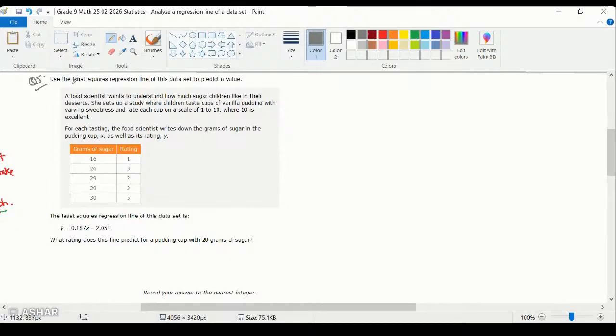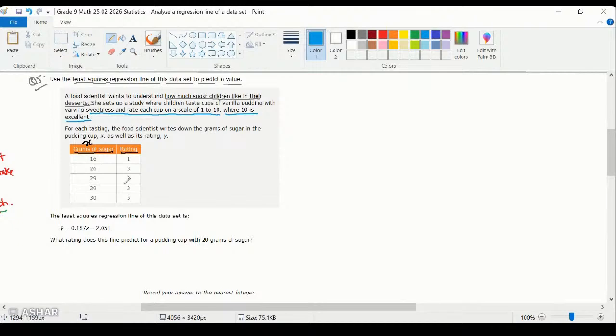Use the least square regression line to predict a value such that a food scientist wants to understand how much sugar children like in their desserts. So X represents the sugar, and what did the scientist do? Sweetness rated up to 1 to 10, where 10 is excellent sweet, right?